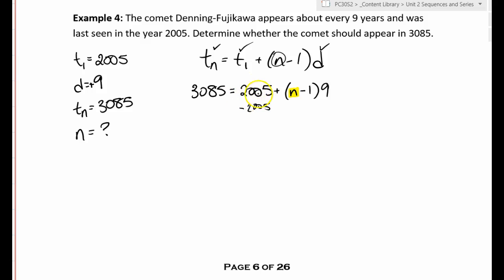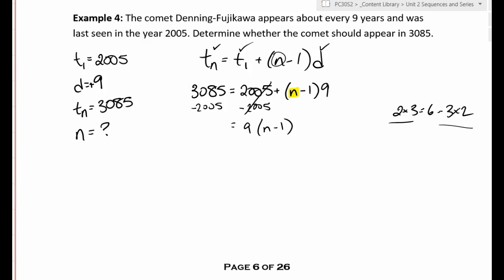So right now it's positive, so we subtract 2005 in order to get it to disappear. Now we've got 9 times n minus 1. And I've just reordered it. Remember that 2 times 3 equals 6, but so does 3 times 2. Order doesn't matter when we're talking about multiplication, as long as the material inside the brackets doesn't change, because adding and subtracting, their signs do matter.